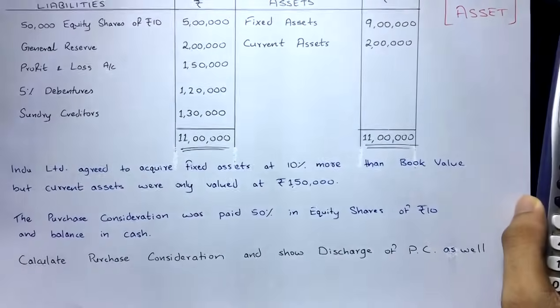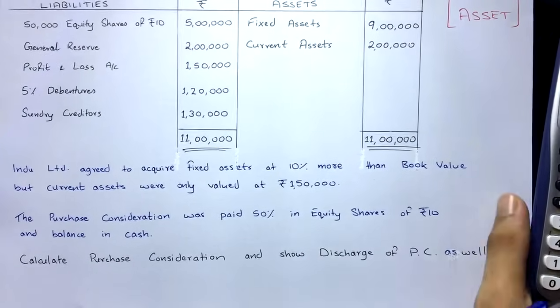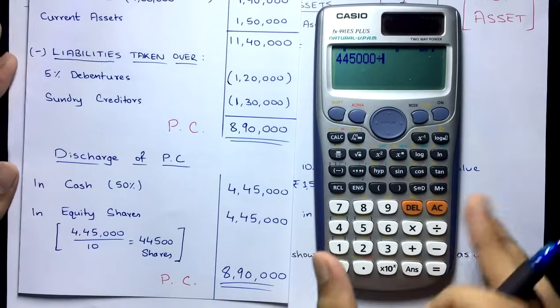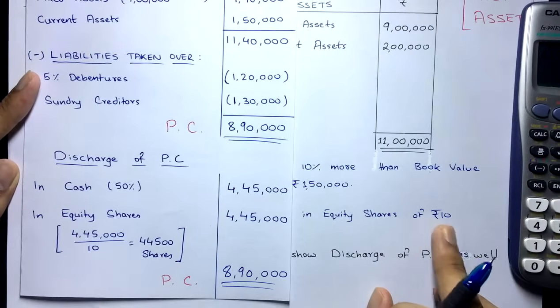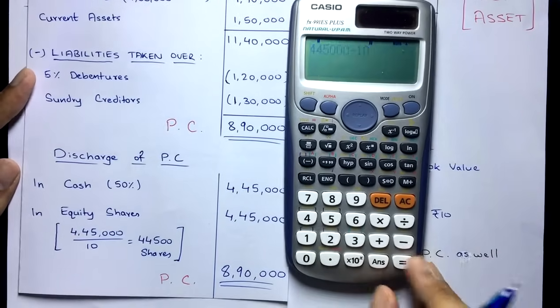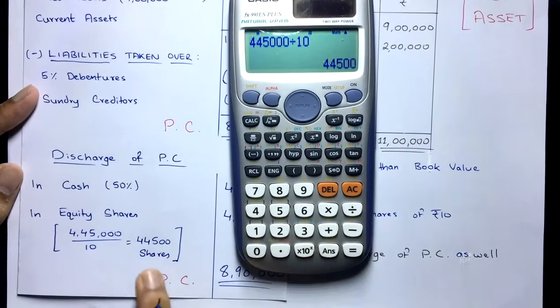The face value that is given in the question. Equity shares will be given of rupees 10. That's the face value. Or the issue price, whatever. Not the face value, issue price you have to take, but here there is no issue price, there is only face value. So take the face value. Divide by 10, that is equal to 44,500. Yeah, 44,500 shares. Right?